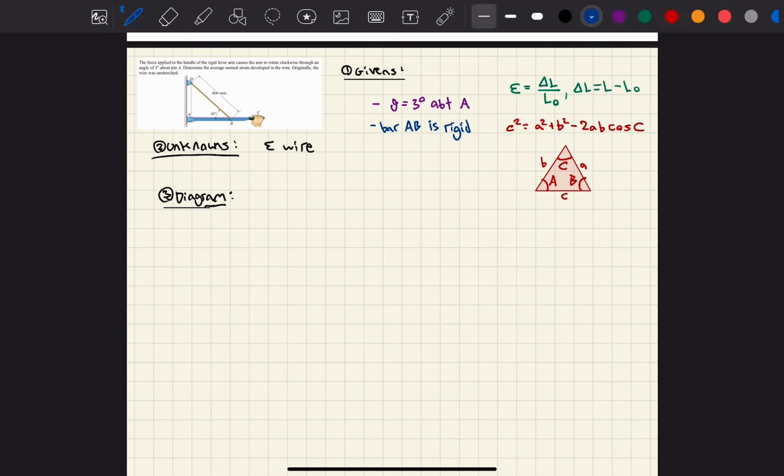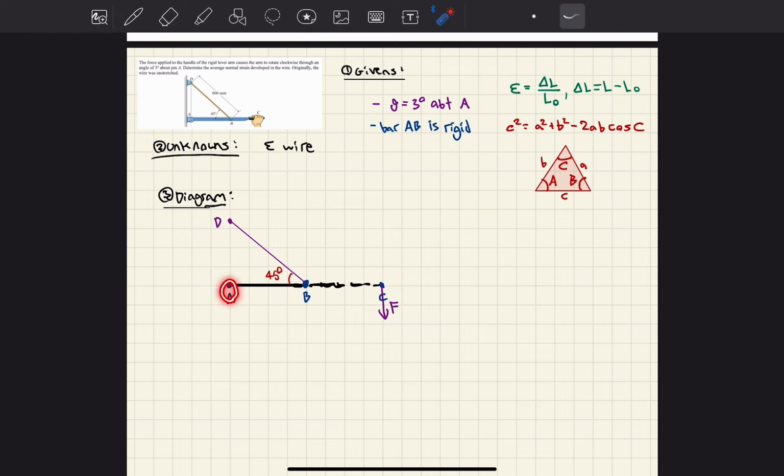So if this is the bar, this is point B, this is point C, this is A, and then let's say D is up here, right? We have our wire going down from D to B. Right here is 45 degrees, as seen in the problem.